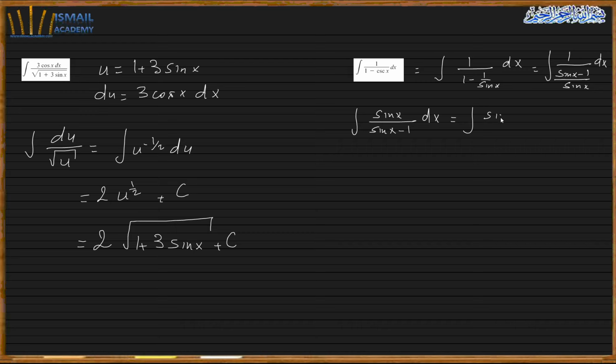So this is going to be sine x, I'm going to add 0, so minus 1 plus 1 over sine x minus 1. So in that case I will have sine x minus 1 over sine x minus 1 dx plus the integral of 1 over sine x minus 1 dx.